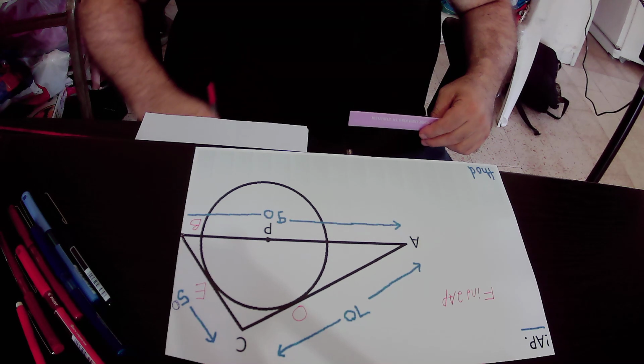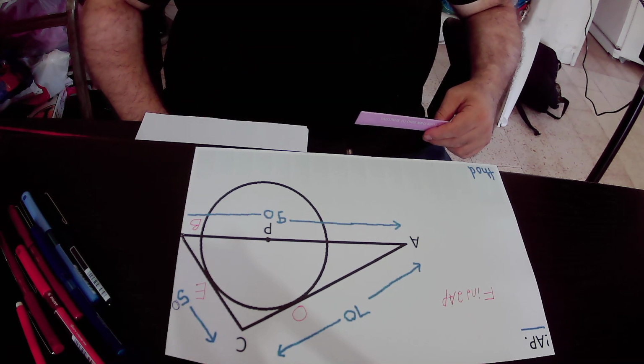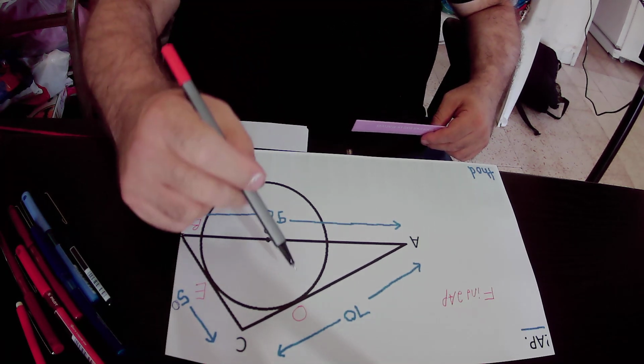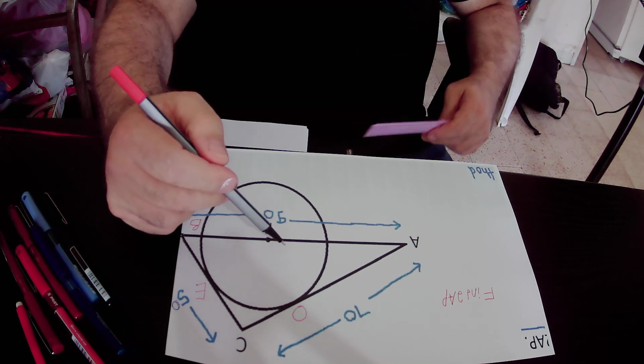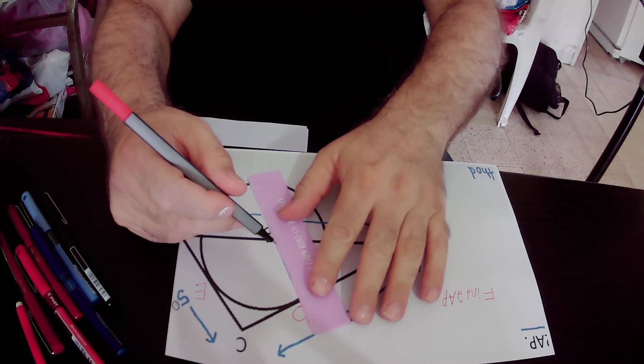In the next step, we will connect points O and P together by a straight line.